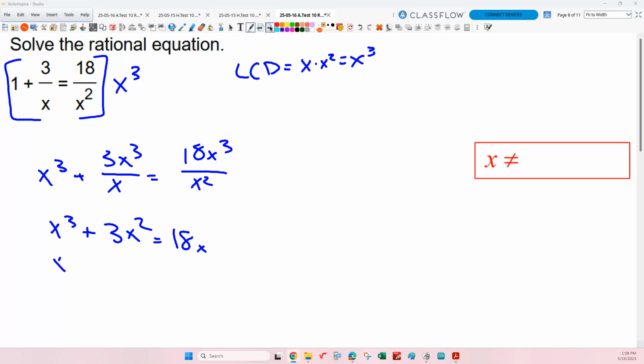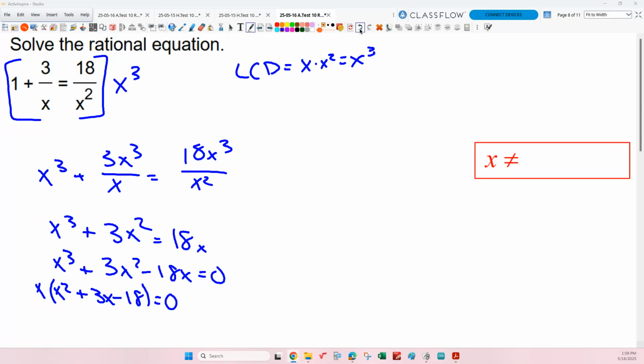Not 6. 3. Yep, 3. Minus 18x. I forgot to say that. Okay. Yeah, I can take out an x. If I take out an x, what happens? You get x squared plus 3x minus 18. Okay.